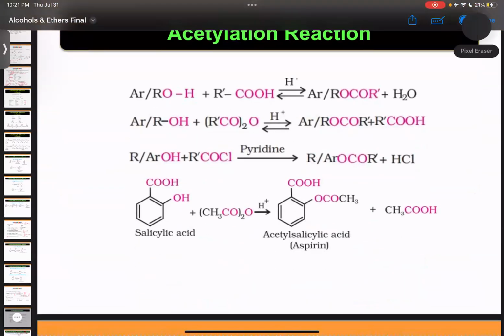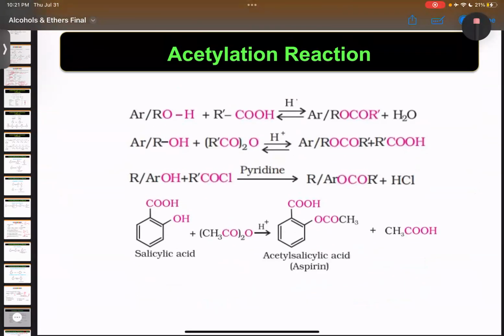This we will discuss, acetylation. Aspirin preparation we have seen. Any of the reactions which is not clear in acetylation out of these four? They are same actually. What are the acetylating agents? Just quickly recall. Pyridine is used to remove the acid, because you will end up with HCl, right?